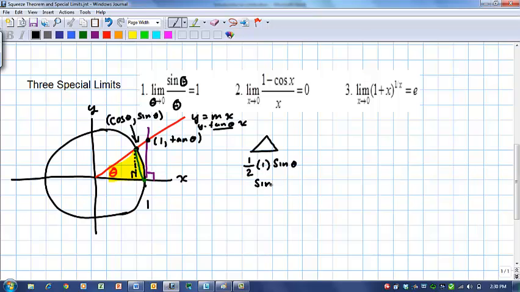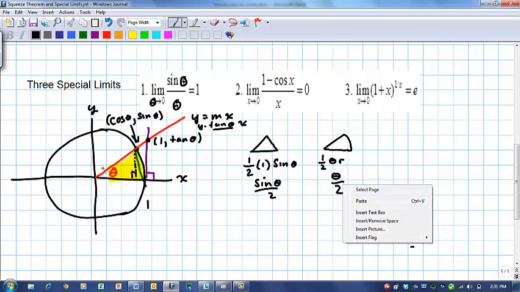Or we can say that that area is the sine of theta over 2. The area of the sector of the circle here: if we remember from trigonometry, the area is 1/2 the angle times the radius squared. The angle is theta, and the radius being 1, we can say that the area of this sector is theta over 2.